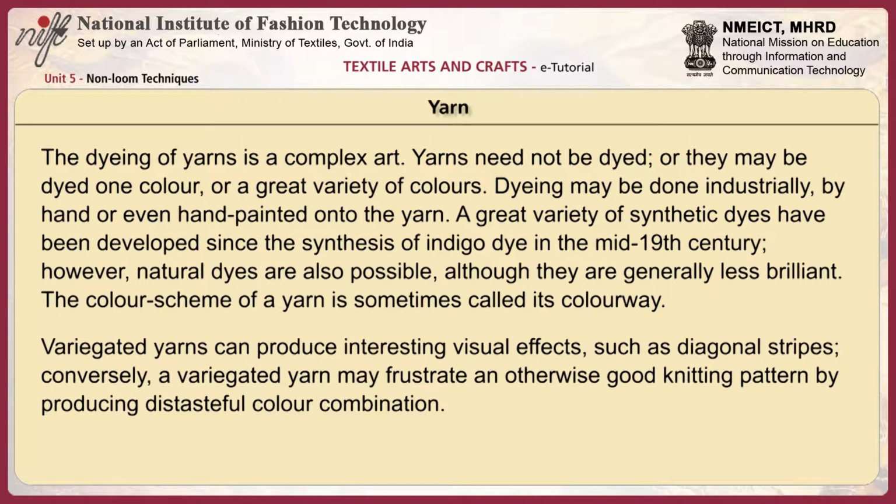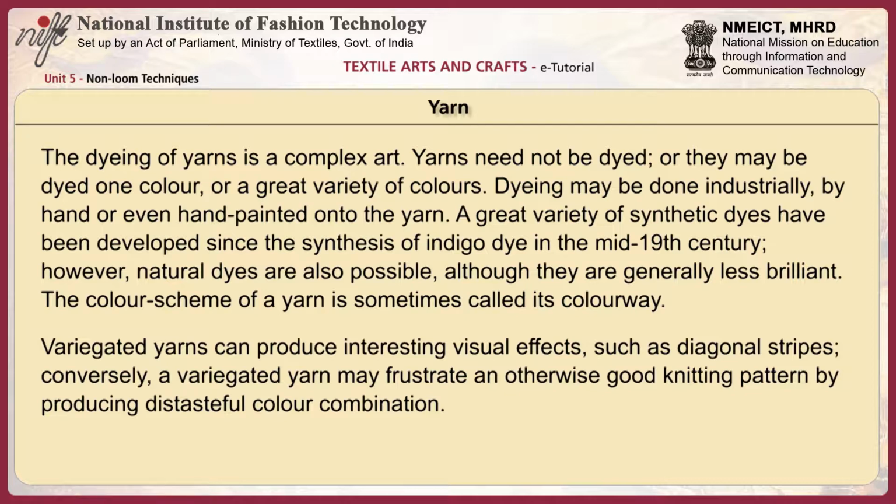The dyeing of yarns is a complex art. Yarns need not be dyed, or they may be dyed one color or a great variety of colors. Dyeing may be done industrially, by hand, or even hand painted into the yarn. A great variety of synthetic dyes have been developed since the synthesis of indigo dye in the mid-19th century.